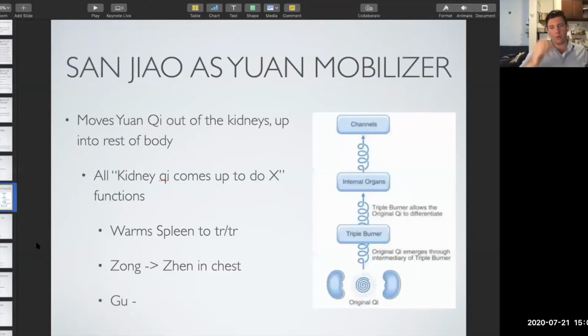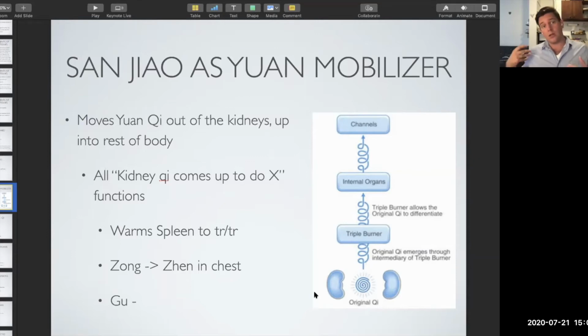So let's start with yuan mobilizing. So the Sanjiao moves that yuan qi out of the kidneys and up to the rest of the body. So got this graphic here. Anytime you hear that like kidney qi comes up to do a function, it's happening through the Sanjiao. So when we say that like the spleen is in charge of raising all qi in the body, well, it's going to raise the qi through the Sanjiao.